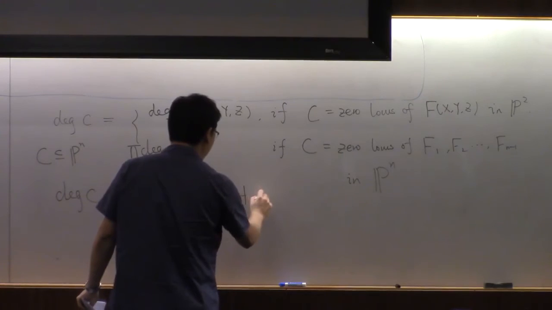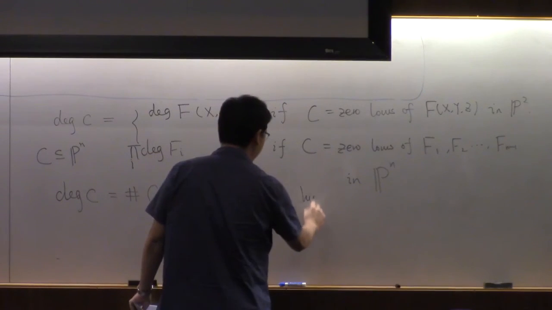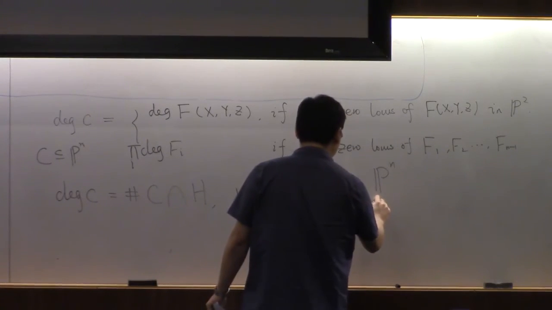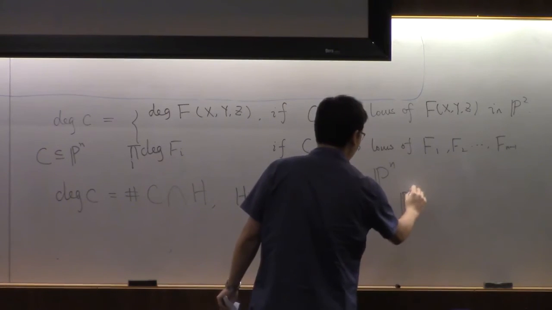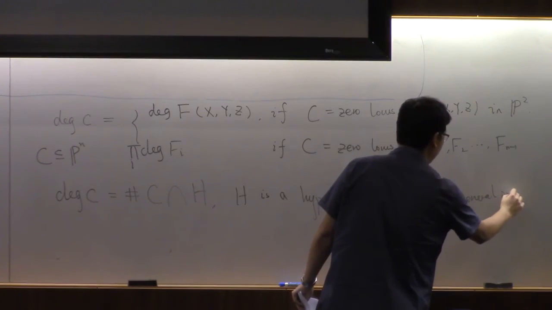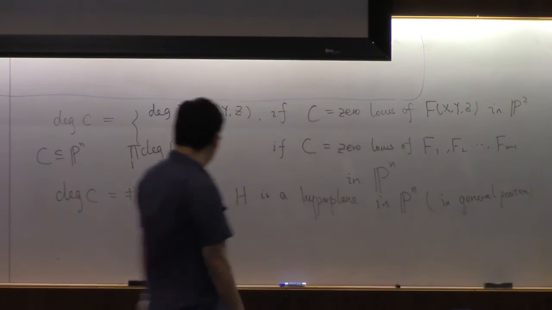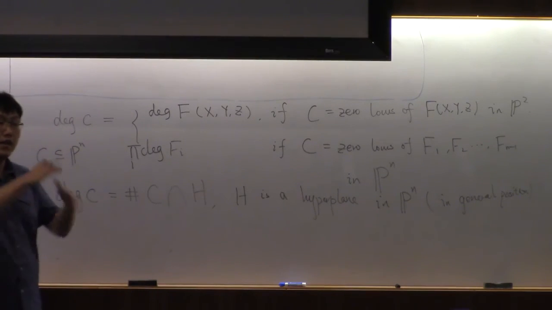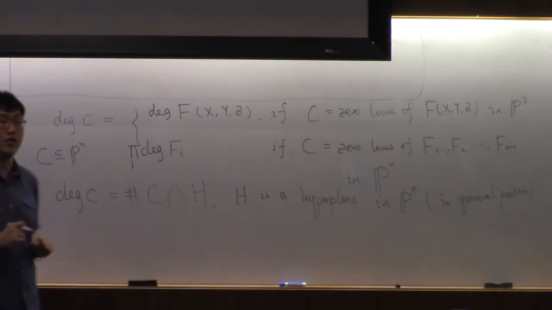Here, this H is a hyperplane in P^n, but here I need to assume that it is in general position. So if you have such a curve in the projective n space, you use a hyperplane to cut or to intersect the curve C, then if the C does not belong to the hyperplane, the intersection is always finitely many points.